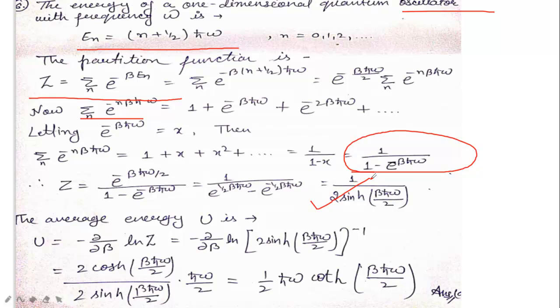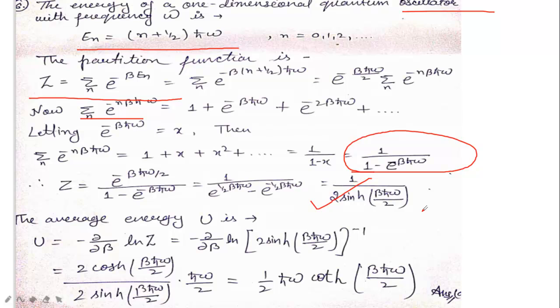Here we are deriving the partition function, but you should note it down too, because you should always know the partition function of a one-dimensional quantum oscillator. In the exam they can ask any quantity like internal energy or entropy or chemical potential or the number of particles or the average pressure, etc. They can ask anything.